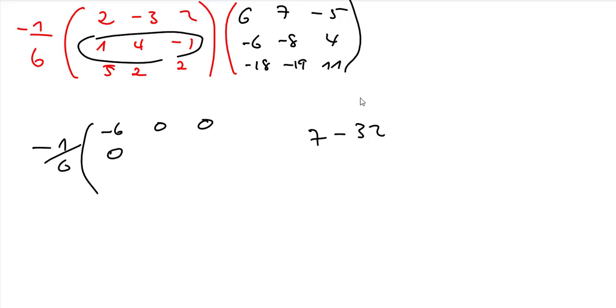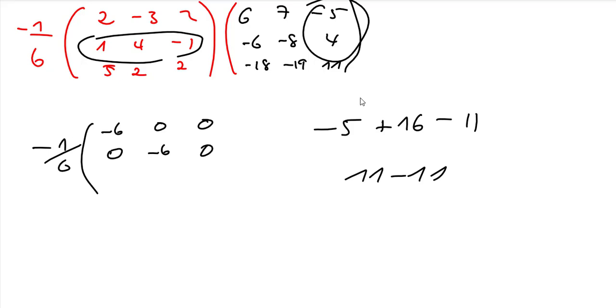And negative 1 times negative 19 will give plus 19. Now 7 minus 32 will give negative 25 plus 19, and this will give negative 6. Now next we have row 2, column 3. 1 times negative 5, we have negative 5 plus 16 minus 11. So this is 11 minus 11, which is 0.